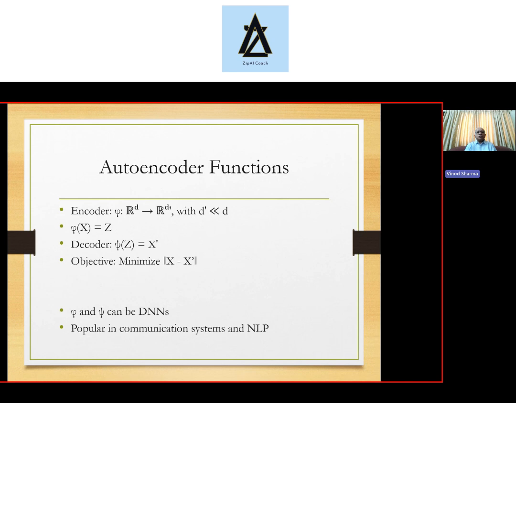Communication systems traditionally have encoders and decoders, a similar kind of architecture, and therefore the autoencoder architecture containing encoders and decoders is very appealing to communication people.